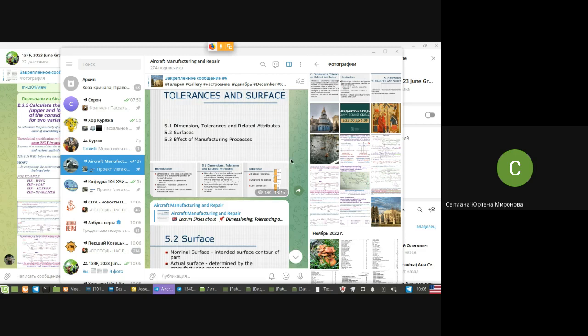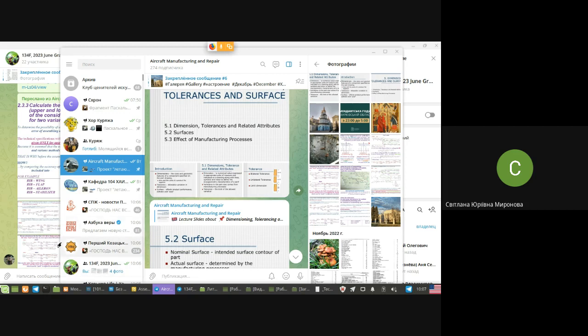The deviations permitted by the designer are called tolerance. How do we characterize deviation? Deviation is characterized with the value of error. The difference between the given nominal size in a drawing and the real size of the object is the so-called error. Tolerance is limitation of sizes, or limitation of errors, by another word.